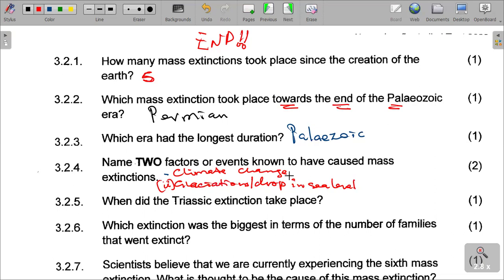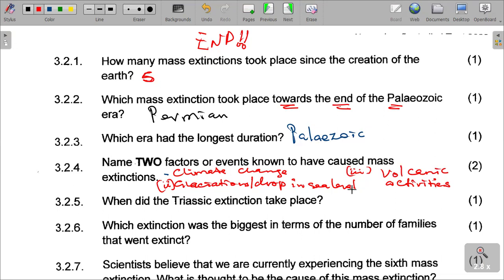We can as well have number three. Mass extinction can also be caused by volcanic activities. Volcanic activities can as well cause mass extinction.